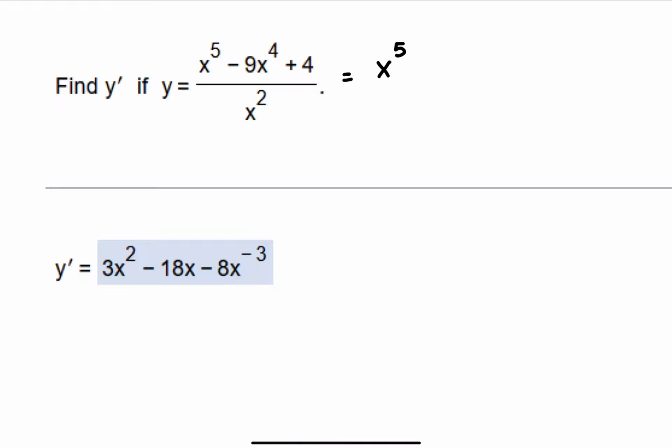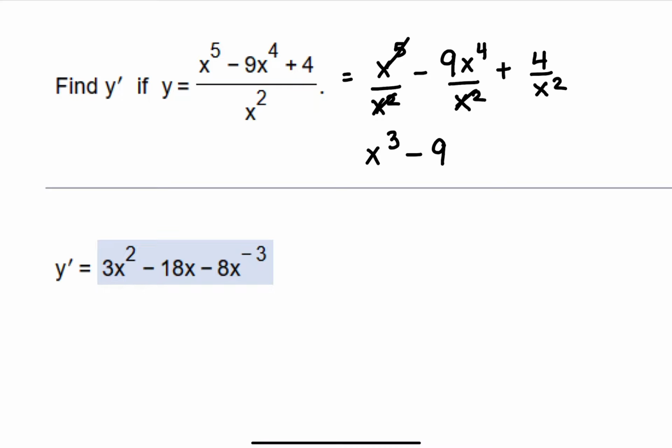So x to the power 5 over x squared, minus 9 x to the power 4 over x squared, plus 4 over x squared. That gives me x cubed, minus 9 x squared, plus 4. I'm going to change it to a negative power because I'm bringing it to the top.